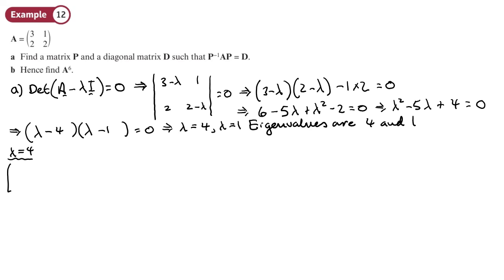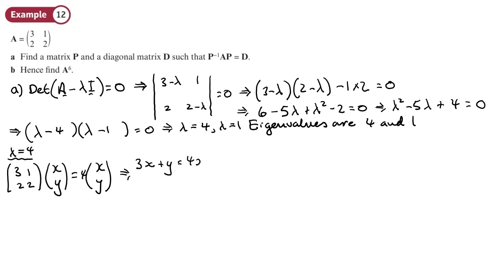So that will be 3, 1, 2, 2 times x, y, and the scaling is 4 this time. So the equations we're going to get are 3x plus y equals 4x, and 2x plus 2y equals 4y.